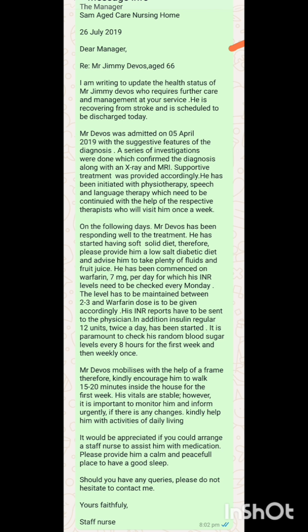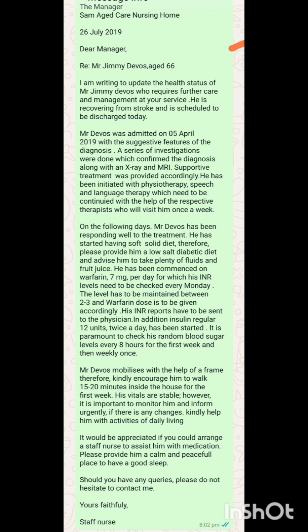The level has to be maintained between 2 to 3 and the warfarin dose is to be given accordingly. His INR reports have to be sent to the physician. In addition, insulin regular 12 units twice a day has been started. It is paramount to check his random blood sugar levels every 8 hours for the first week and then weekly once.